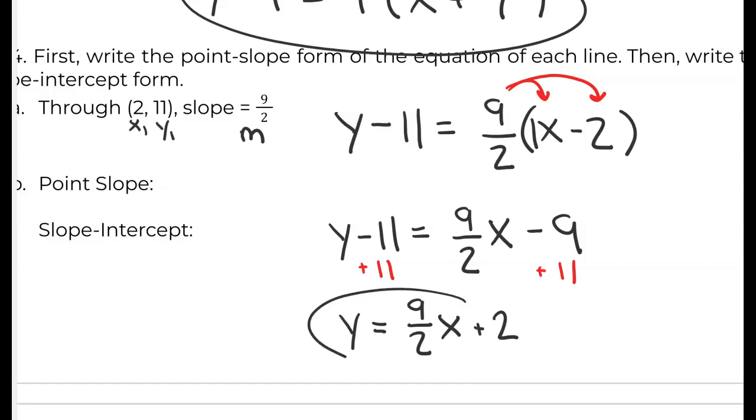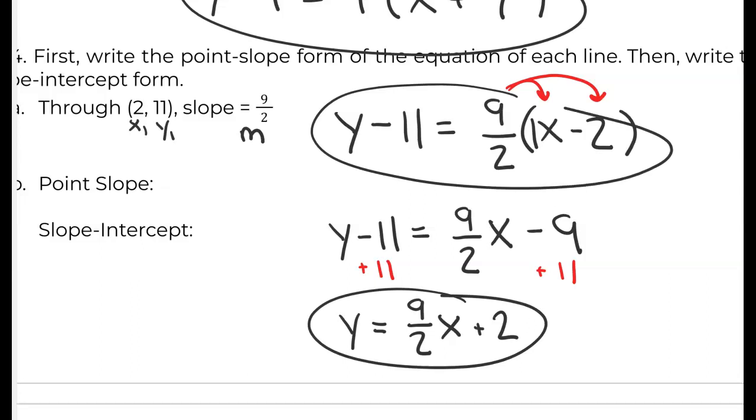And there's slope-intercept form and point-slope form. All right. Same line, they just look different. Here we have our slope and our y-intercept, positive 2. Here we have our slope and just any point you can plug in.